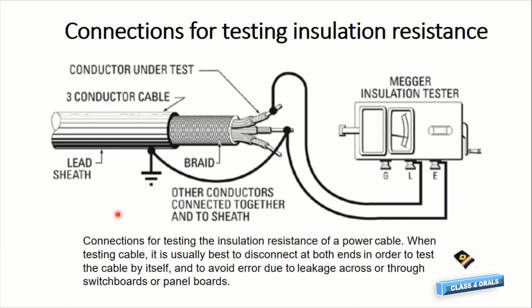So how do we make the connections for testing insulation resistance? Let's take a power cable as the first example. When testing the cable, it is usually best to disconnect both ends in order to test the cable by itself, thereby avoiding error due to leakage across or through the switchboards or panel.